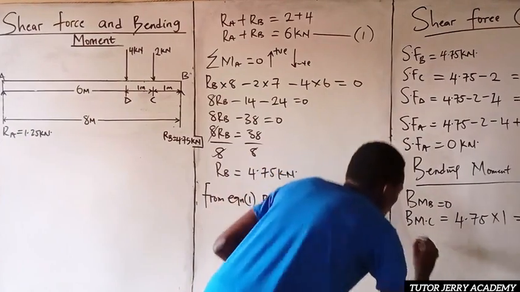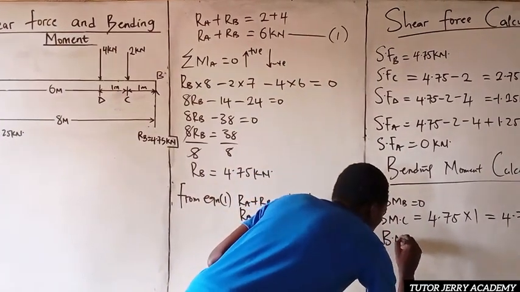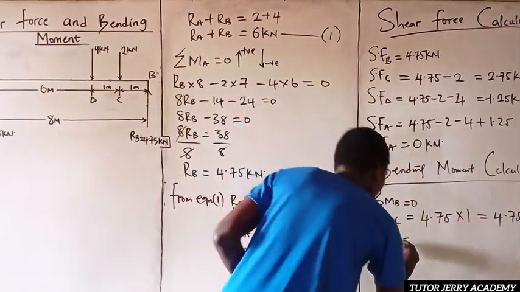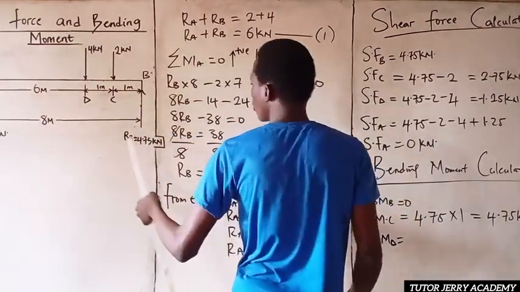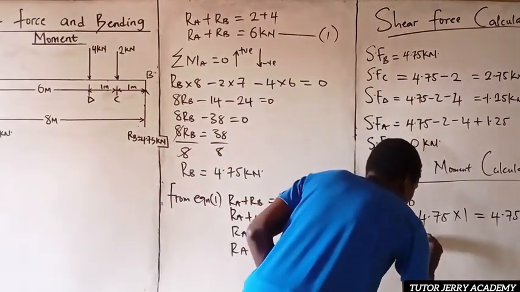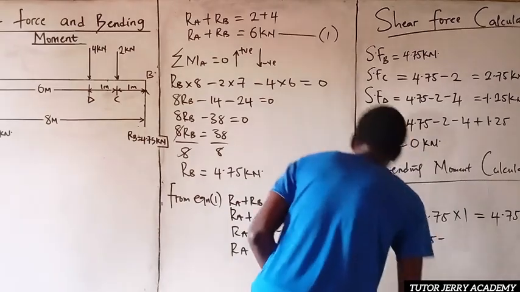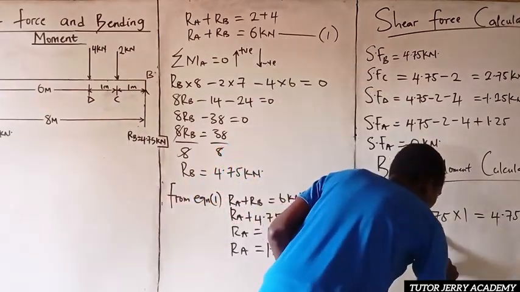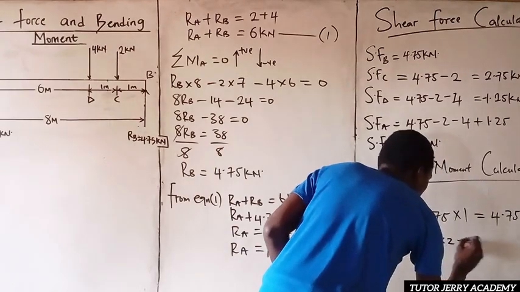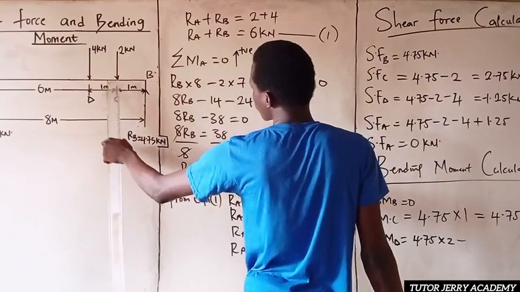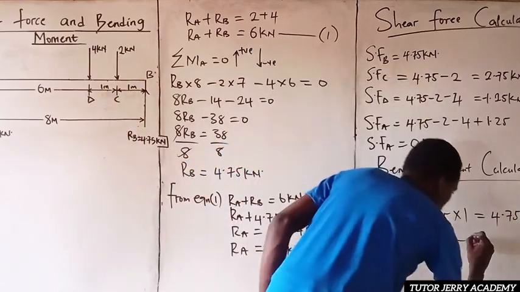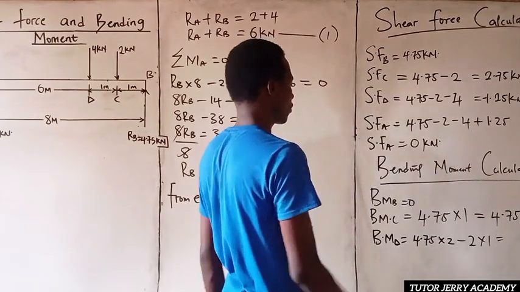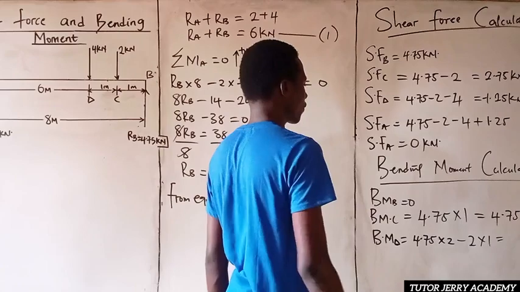So our bending moment at point D will be nothing but 4.75 multiplied by 2 minus 2 multiplied by 1. Now 2 times 1 is 2. 2 times 4.75 will give us 9.5.